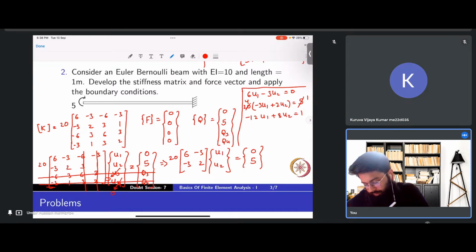Can you solve this? Yeah, we just multiply this by 2 and add to the second equation. We get 12u1, plus, sorry, minus 6u2 equals 0.